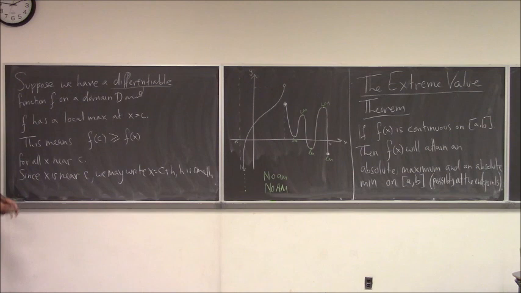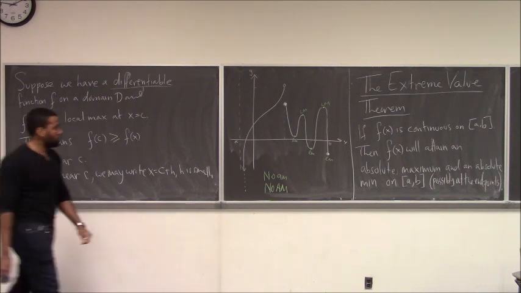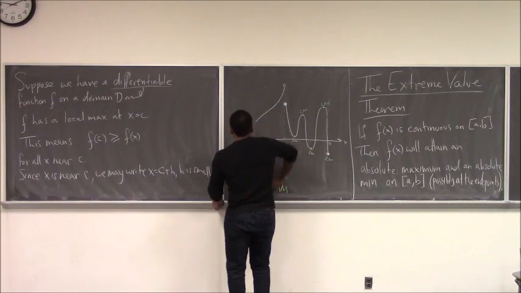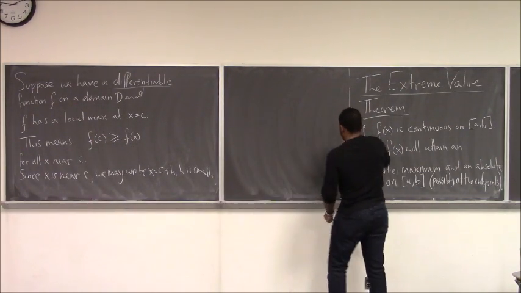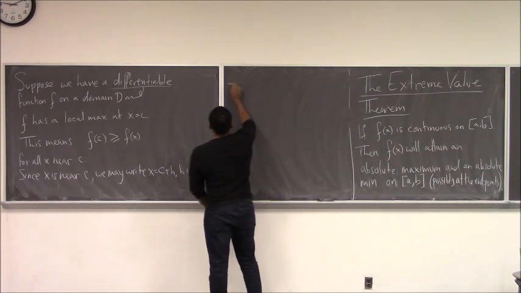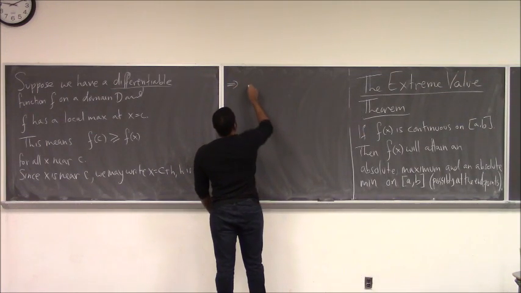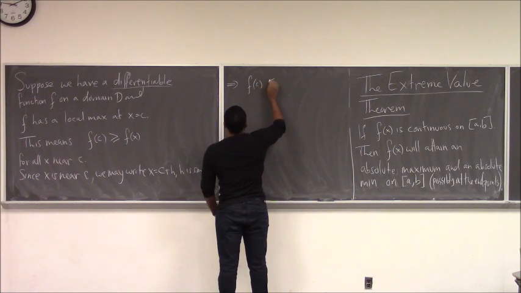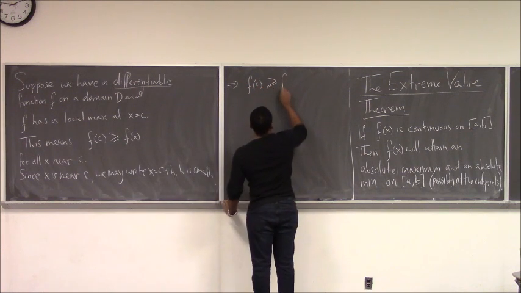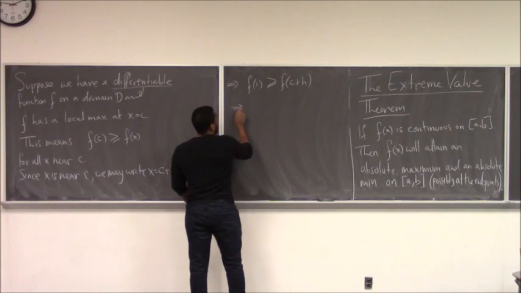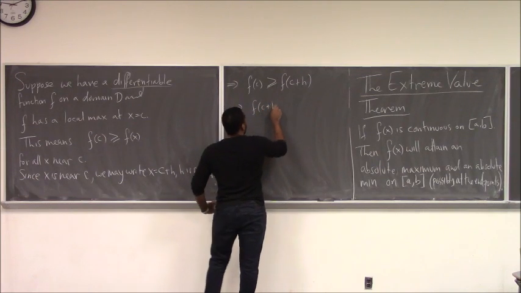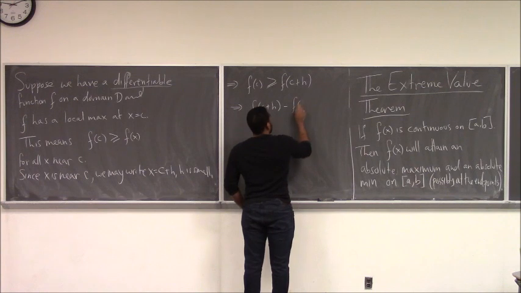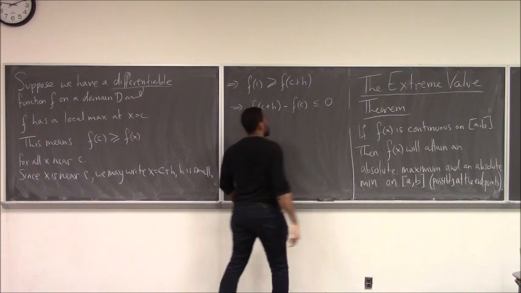So think of your x value as c plus or minus a little bit. That h can be a positive or a negative value. This will, of course, mean that f(c) is greater than or equal to f(c plus h). In other words, we would have that f(c plus h) minus f(c) will be less than or equal to 0.